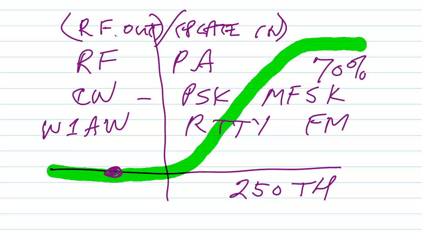For Class B, typically more in the order of 60%. For Class AB, 50 to 60%. And for Class A, sometimes only 25%, 25 to 35%.